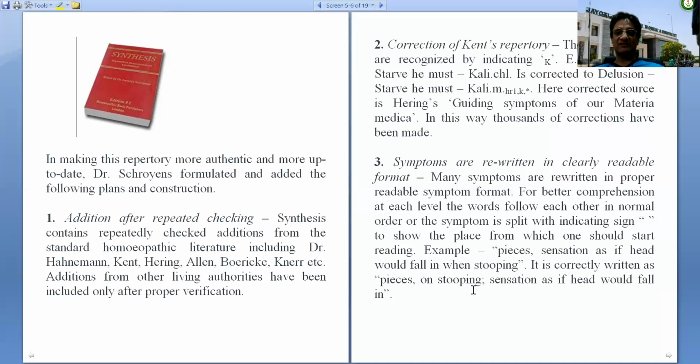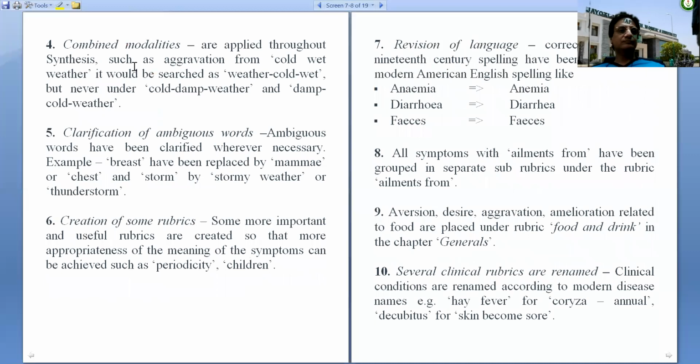It has to be read like this. Combined modalities are applied throughout synthesis, such as aggravation from cold wet weather. It would be searched as cold weather cold wet, but never under cold damp weather and damp cold weather.